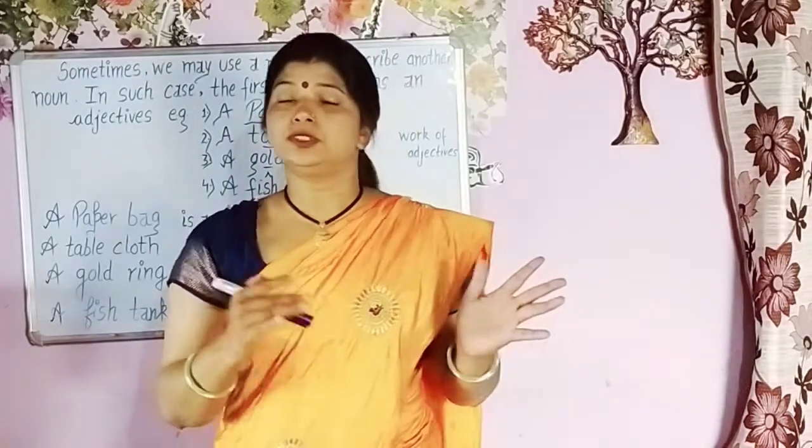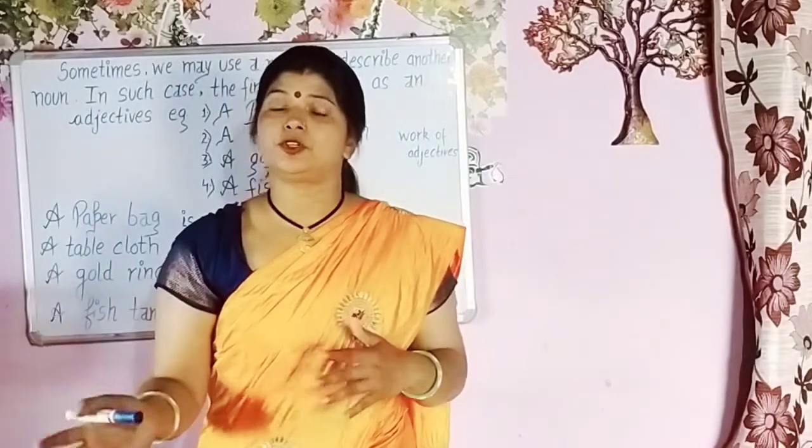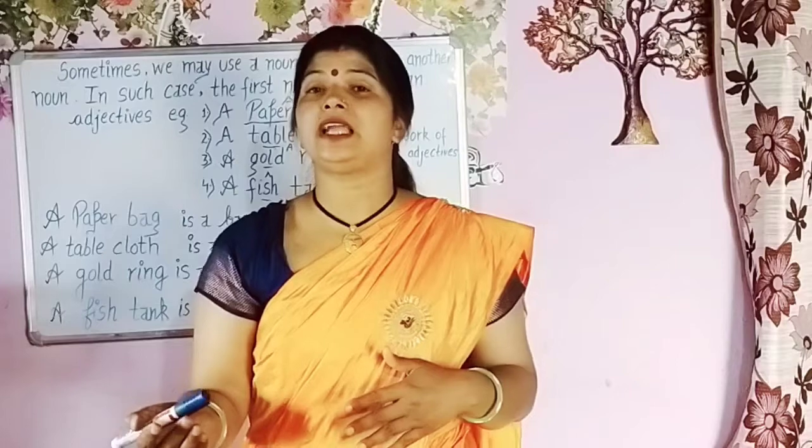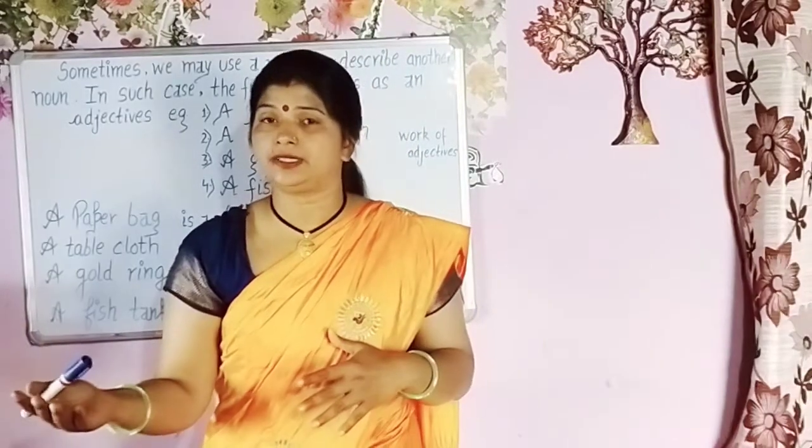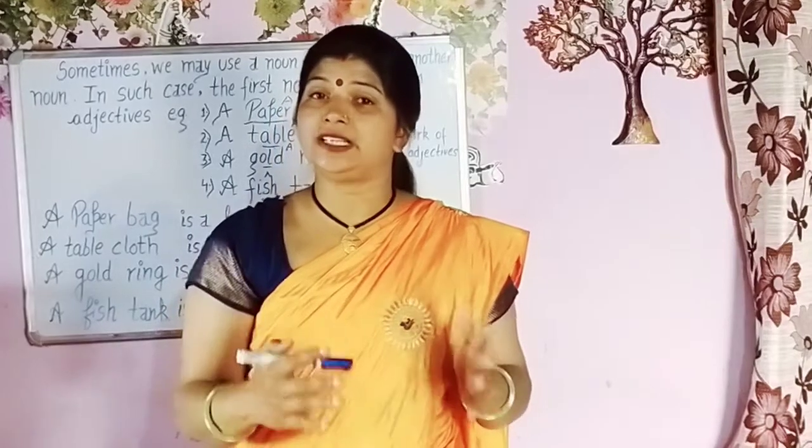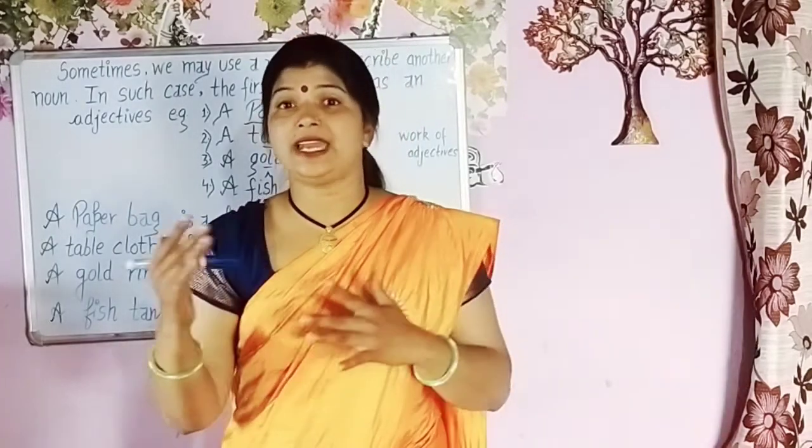So my dear students, as we have already discussed where we use a noun as a verb, now we will discuss that sometimes it may happen that we use a noun to describe another noun. So let's understand the topic when we use a noun as an adjective.